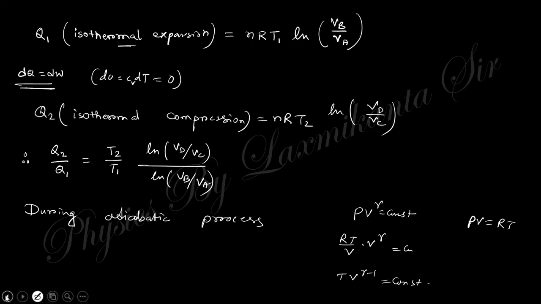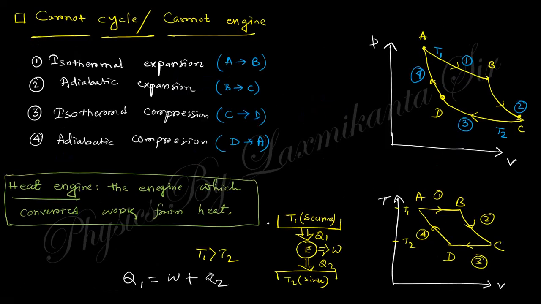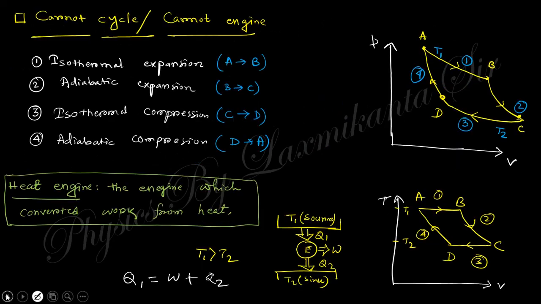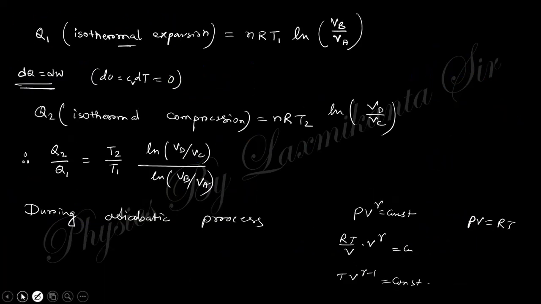If you take point B to C, that is adiabatic expansion, you can see here at B temperature T1, at C temperature T2, and the volumes are Vb and Vc.